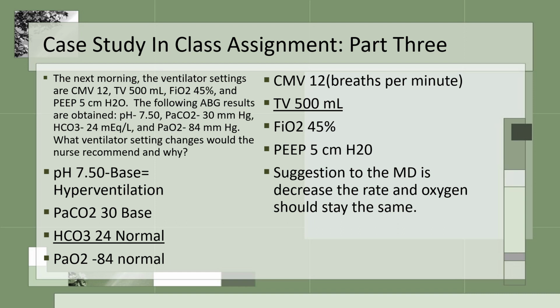Please don't talk yourself out of the right answer. Don't worry about the number, just understand that the patient is hyperventilating. Your PaO2 is normal, so we're not going to suggest any oxygen changes, so the FiO2 should stay the same.